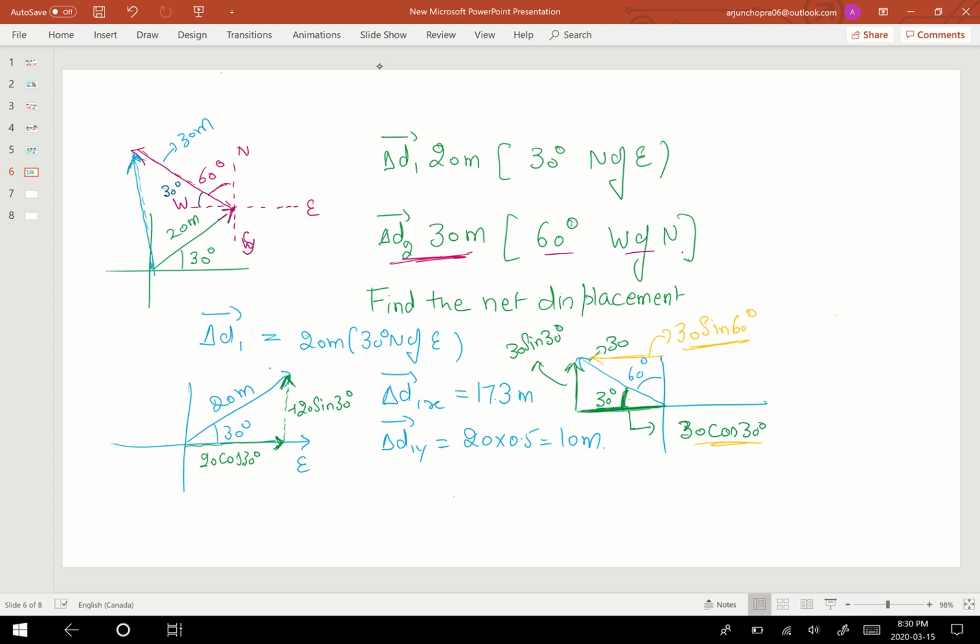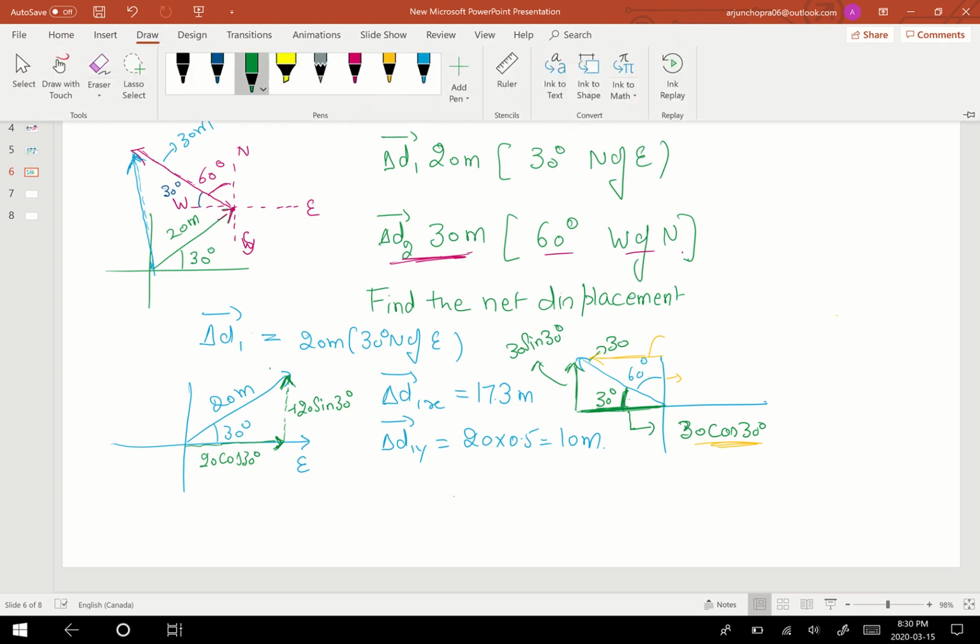This and this will give you the same values. You can calculate it also. They will end up giving you the same value. So whatever way is more convenient to you, you can apply that method, and this will become 30 cos of 60 degrees. Anyhow, I'm gonna erase these two values. I'm gonna keep the values which make my life easy.